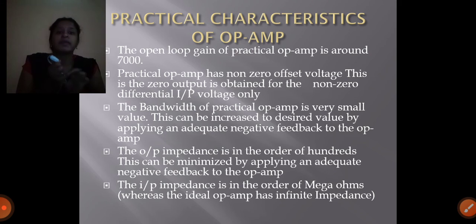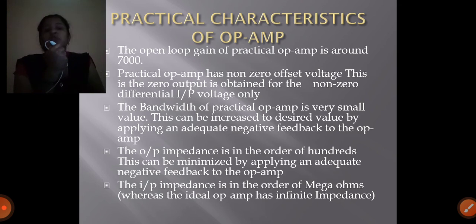A practical op amp has non-zero offset voltage. This is, zero output is obtained for the non-zero differential input voltage only. Right? The practical operational amplifier has an offset voltage.